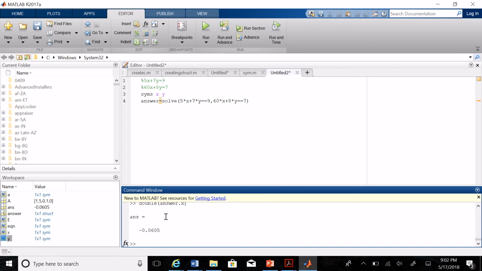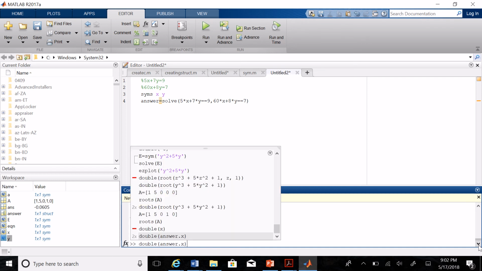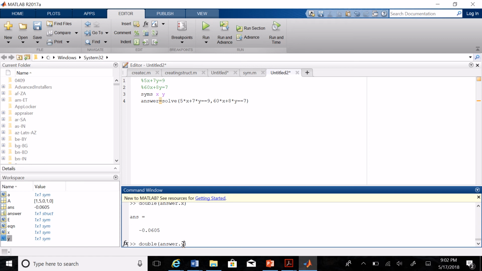Because my answer is in the form of a structure, and you know that the way to get the answer out of a structure is dot. So answer dot x will give me the first answer, and dot y will give me the second answer. This is one way of getting the answer out.